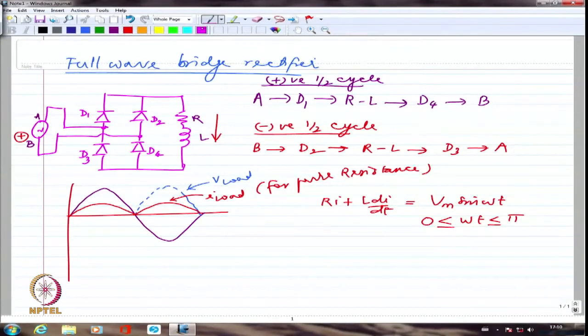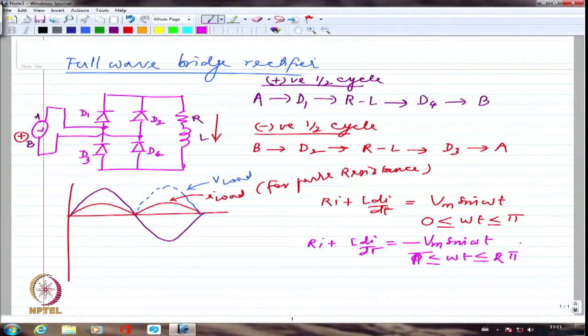Whereas Ri plus L di by dt will be equal to minus Vm sin omega t, because it is the reverse of the voltage that is being applied when I have D2 and D3 conducting. So this is for omega t from pi to 2 pi, right? So always the inductance will find at least some amount of energy to be stored as long as the magnitude of Vm sin omega t is greater than Ri.